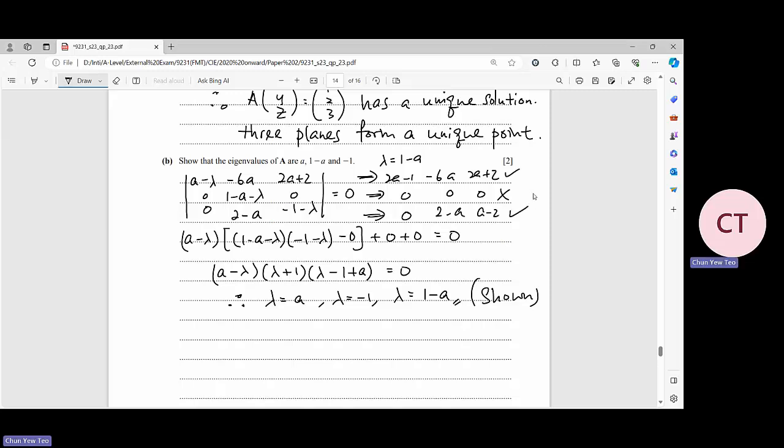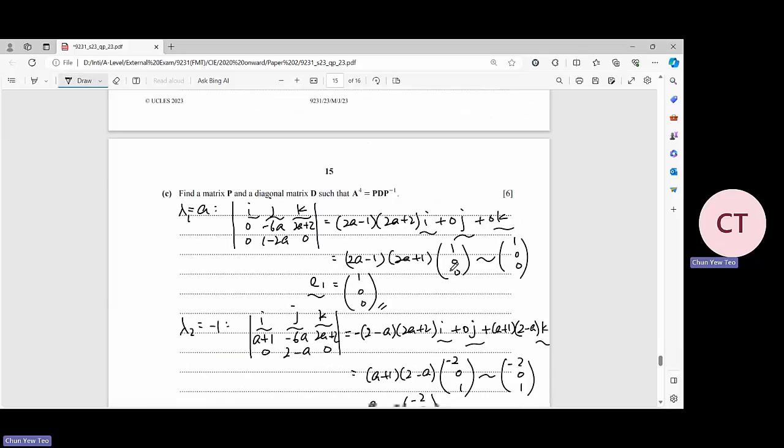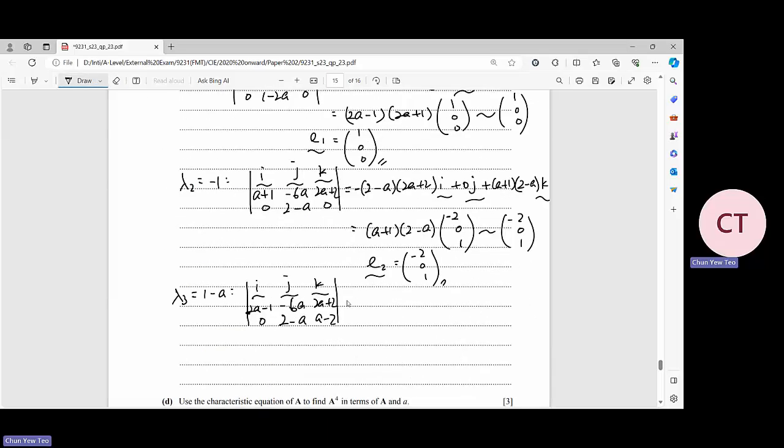You need to choose these two to find the eigenvector. So we will choose the first row and the third row to find the eigenvector. The second row cannot, because all the elements of the second row will be 0. So we just choose the first and third row. This one is a bit troublesome, huh?